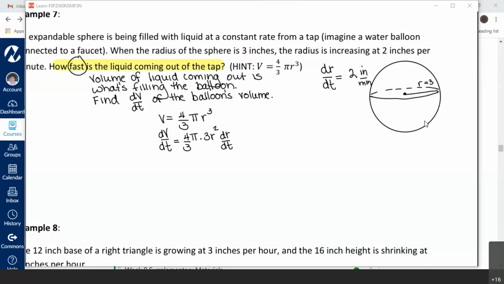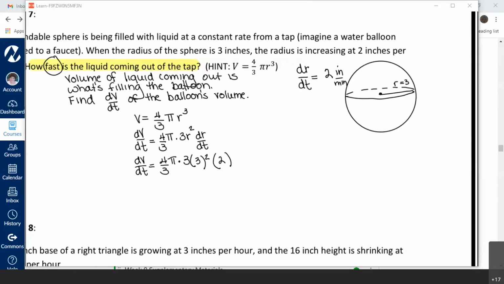So I'm good to go. Okay, so I have 4/3 pi times 3 times the radius squared times dr/dt, which is 2.